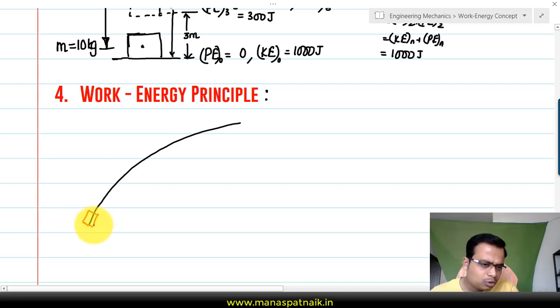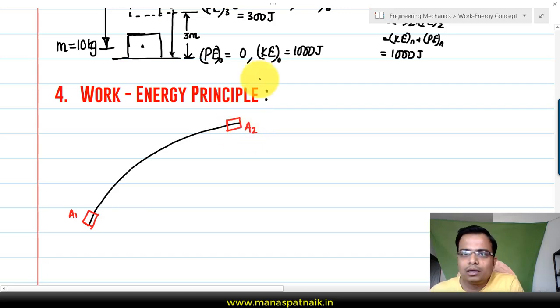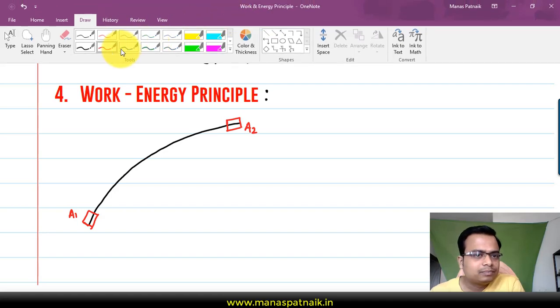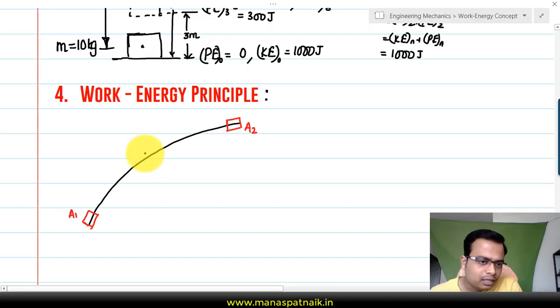Let's say this position of the particle is represented by, randomly, A1, and this position of that same particle is represented by, let's say, A2, and somewhere along this path, let's choose one more position. And by the way, the mass of this particle has to be taken as m.